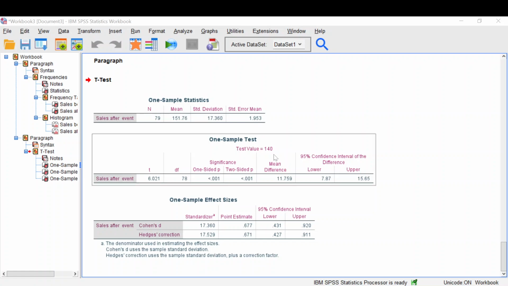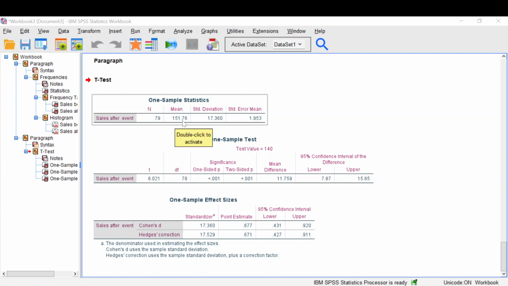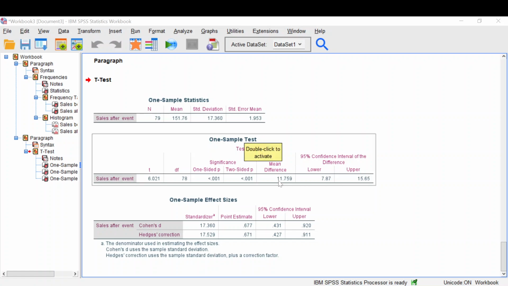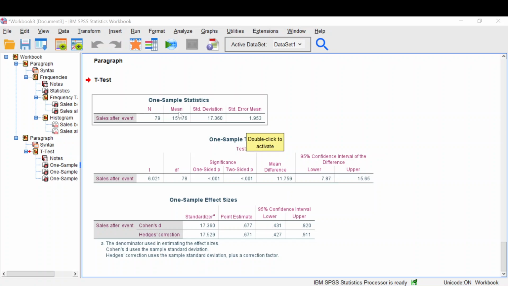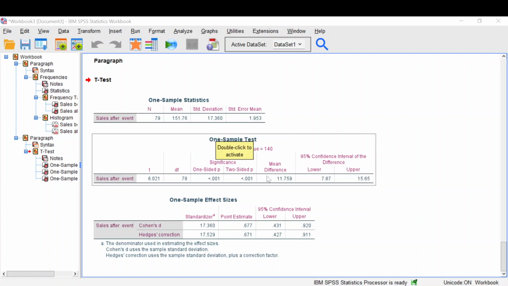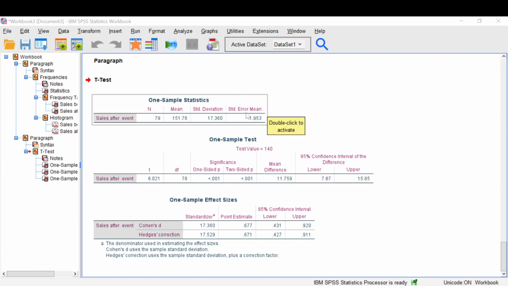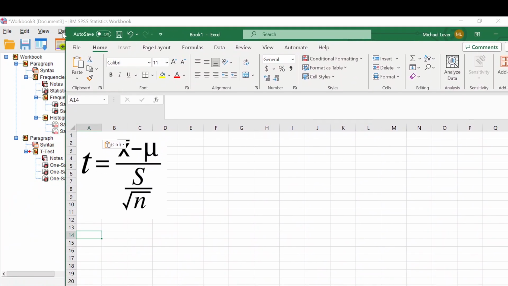So this is the difference reported here. So the difference between 151.76 and 140 is reported here as 11.759, right? What would happen if you took that difference and divided it by the standard error mean? Well, that is exactly our t-statistic, right?